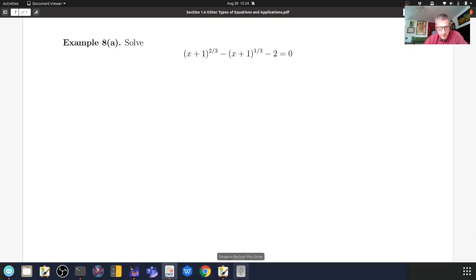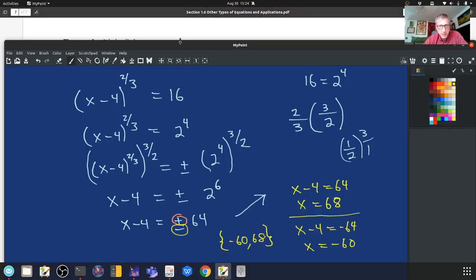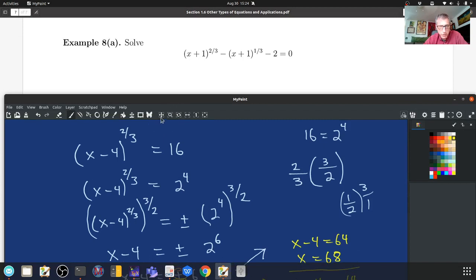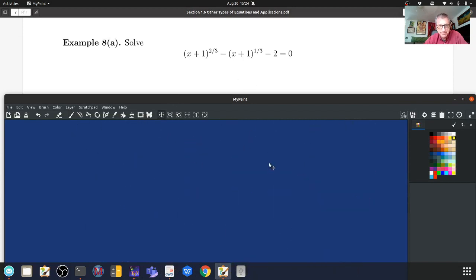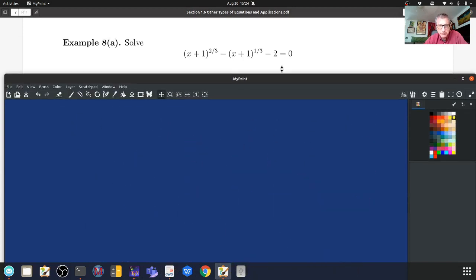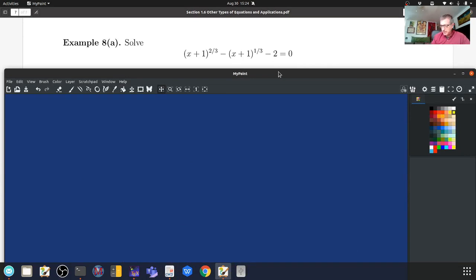So the first thing you have to do here is decide what your u is going to be. So here, I'm going to rewrite the first equation.